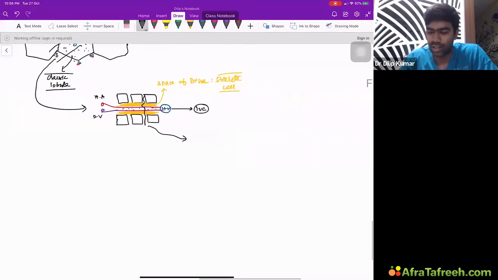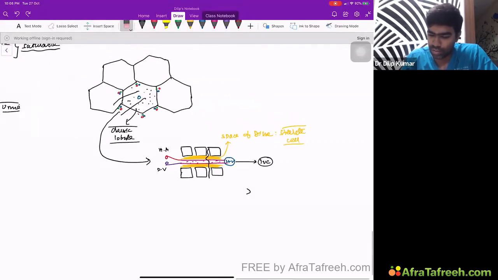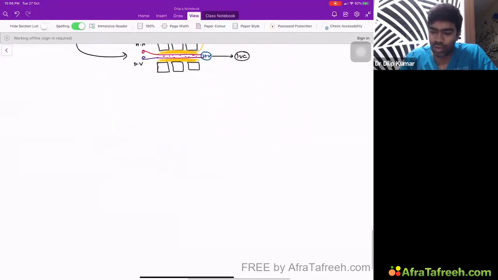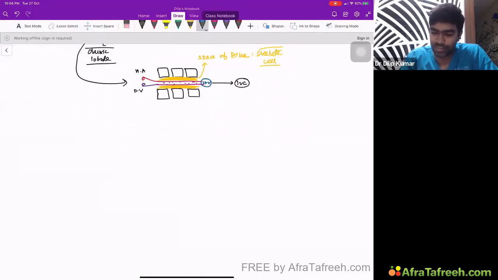So if you take a sinusoid, I'm taking a cut section at this point, as I told you. So I'm cutting that and I'm seeing what's going to happen.